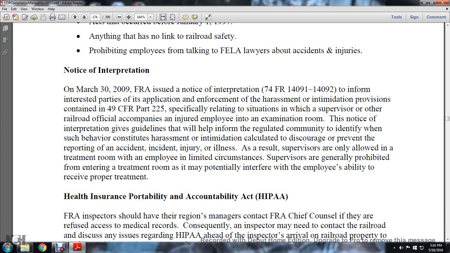The notice gives guidelines that help inform the regulated community to identify when such behavior constitutes harassment or intimidation calculated to discourage or prevent reporting of an accident, incident, injury, or illness. Supervisors are allowed in a treatment room with an employee only in limited circumstances. Supervisors are generally prohibited from the treatment room as they have the potential to interfere with the employee's ability to receive proper treatment.